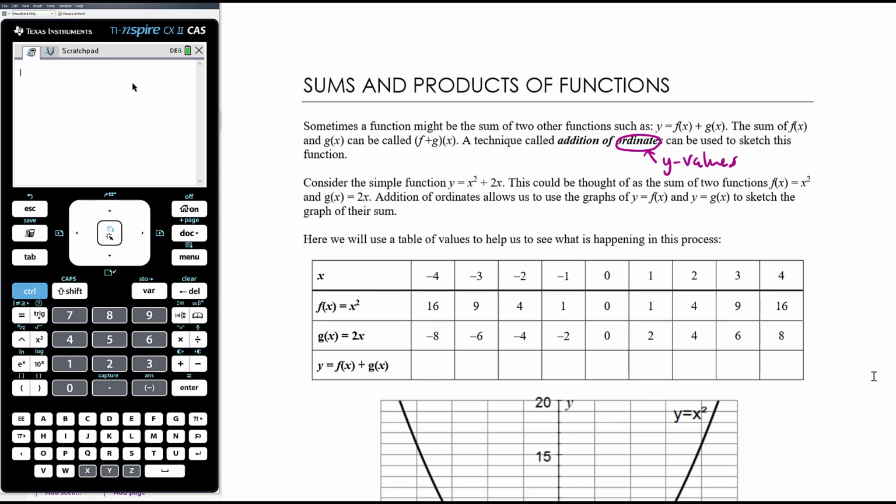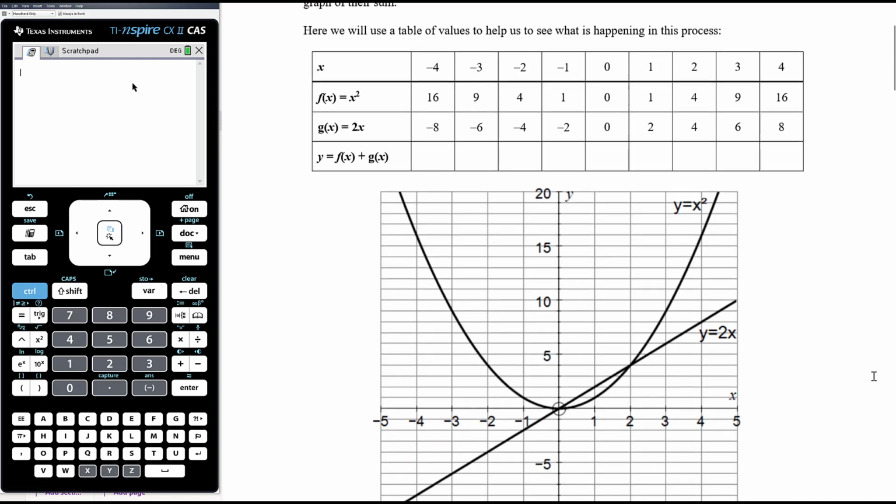So we're going to add the y values because that is what happens. If you want to know when x equals 1, what does x squared plus 2x equal? Well, you work out what x squared equals, it equals 1. You work out what 2x equals, it equals 2. And so therefore x squared plus 2x will equal the sum of those two separate y values.